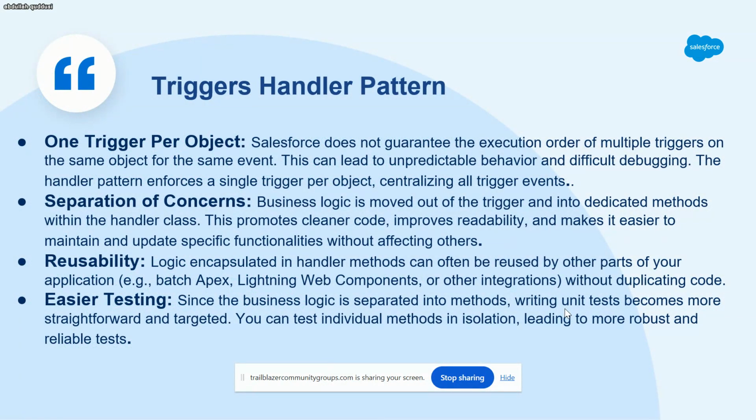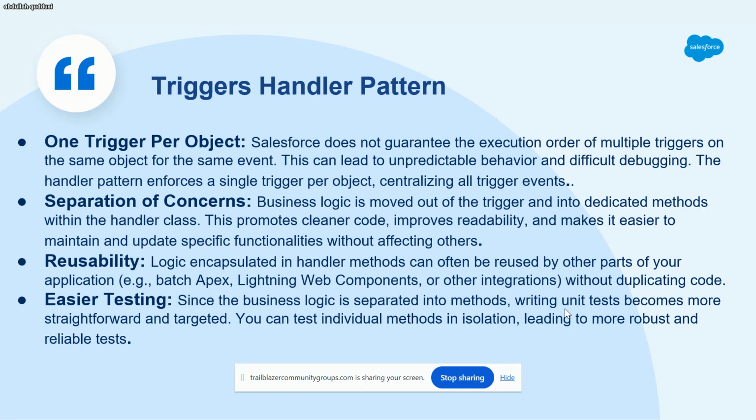Salesforce does not guarantee the execution order of multiple triggers on the same object or the same event. This can lead to unpredictable behavior and difficult debugging. A very important concept is separation of concerns. Business logic is moved out of the trigger and into dedicated methods within the handler class.